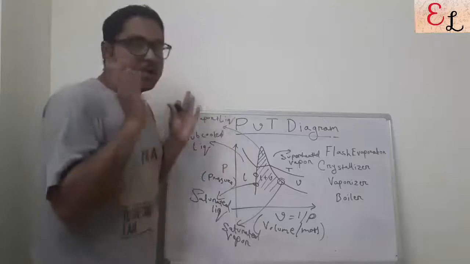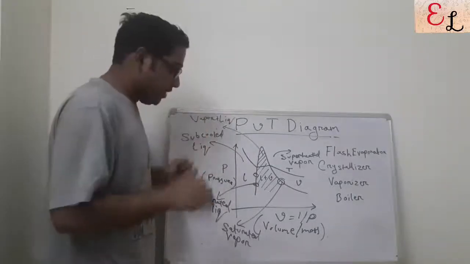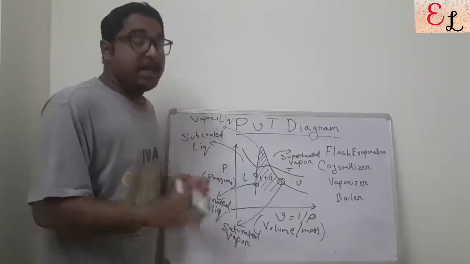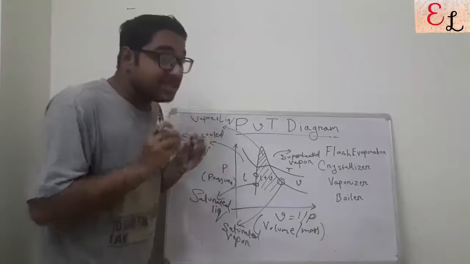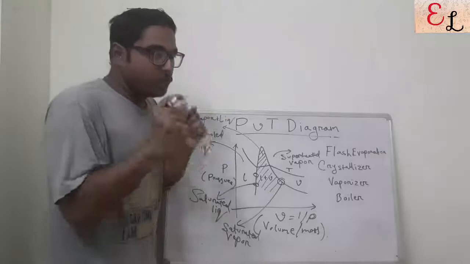Now we have to understand one thing: during a phase change, the pressure doesn't change and the temperature doesn't change, unless we externally change the pressure. If we keep the pressure constant, the temperature won't change.